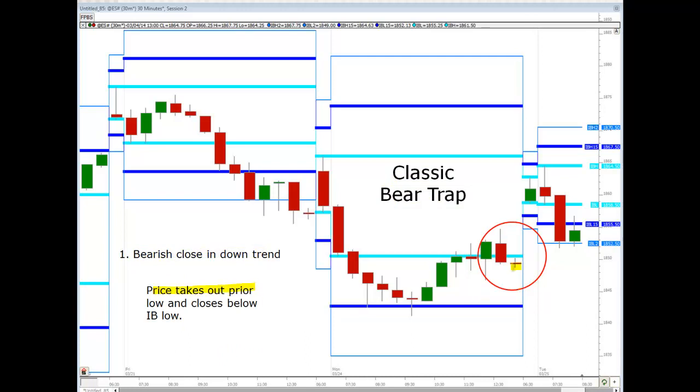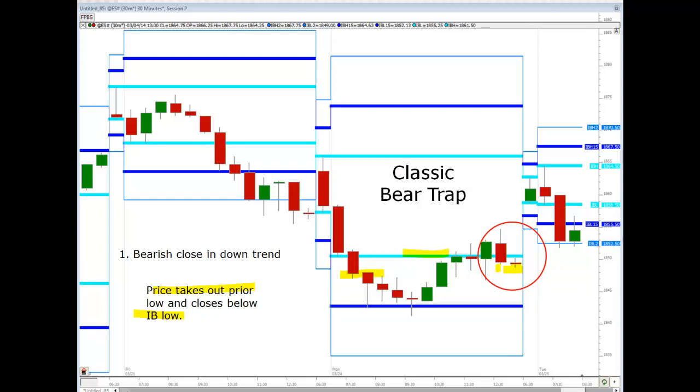If you notice, we did drop lower than the low of this candle, another bearish shine, and we do end up closing below the IB low. There's my initial balance right here, and we ended up closing below it. All very bearish so far.